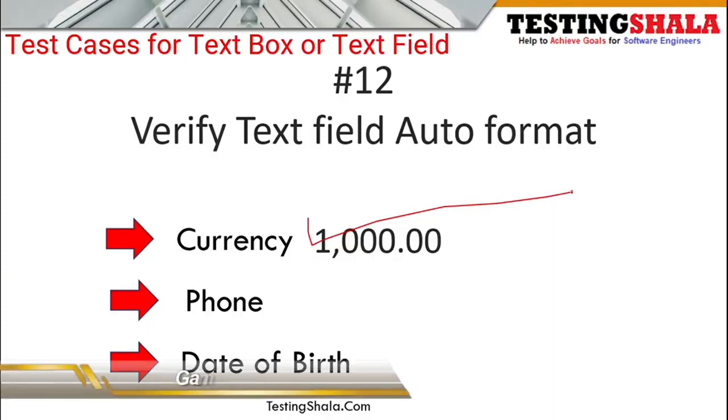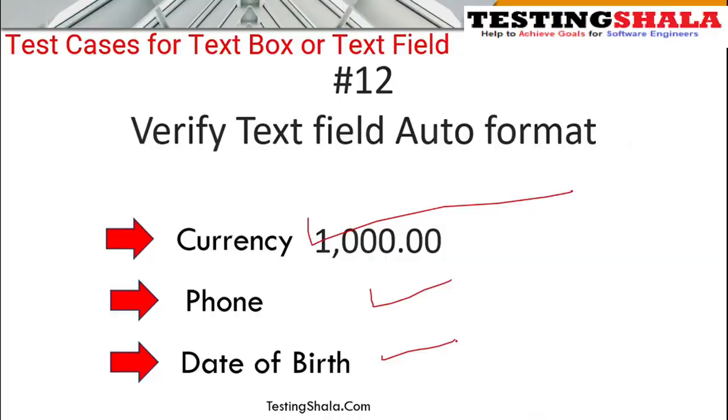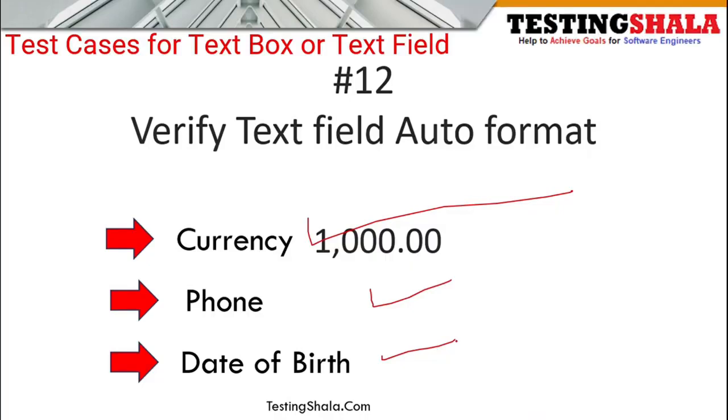Also for a phone field, how the phone number should be represented in your application, then you should make appropriate test cases or validations. If your text field is used to represent the date of birth, then it should display appropriately in different ways: month, year, day, or year, month, day, or day, month, year, and many different formats. Based on your requirement, you should take appropriate validation.